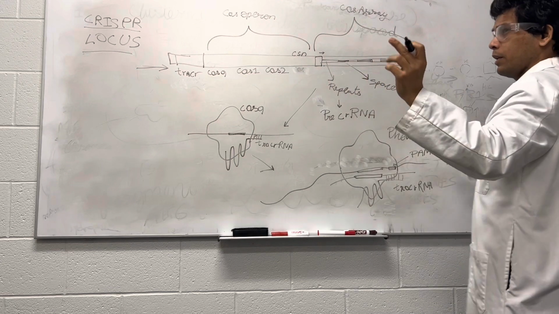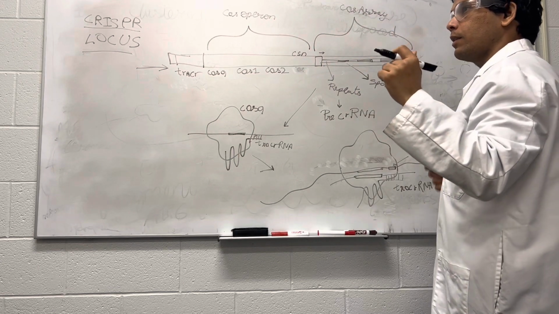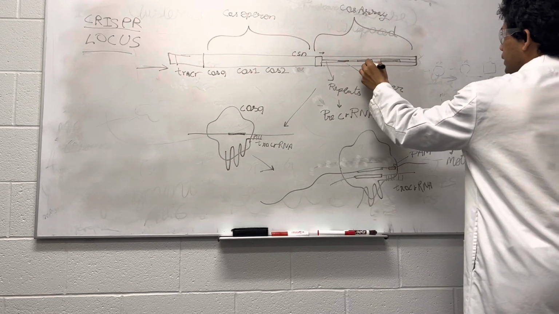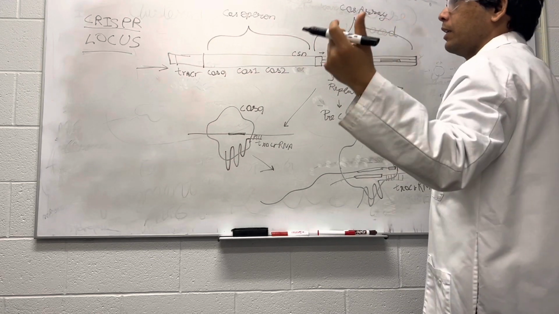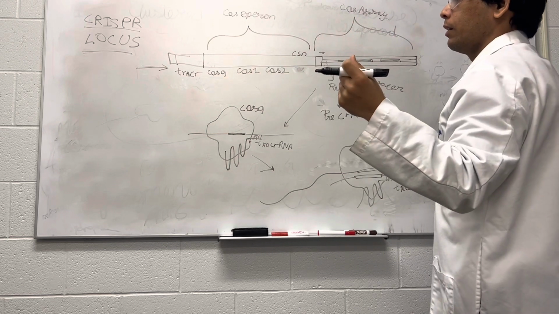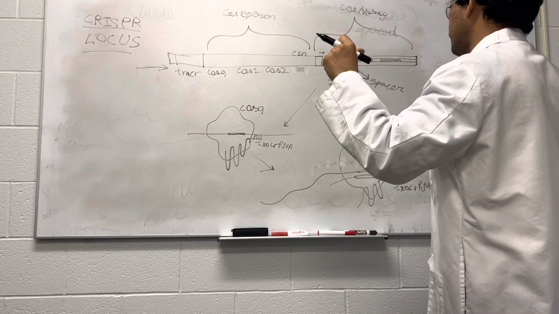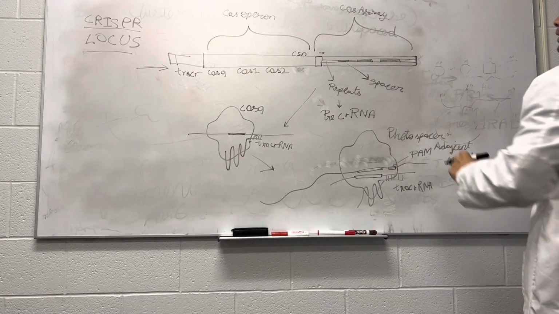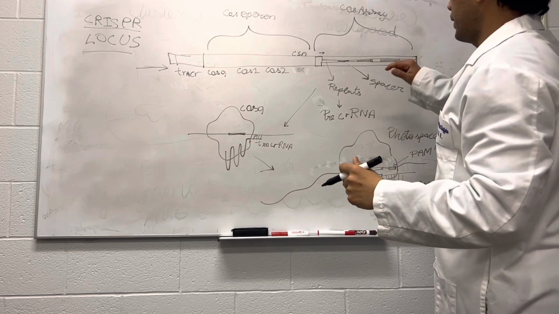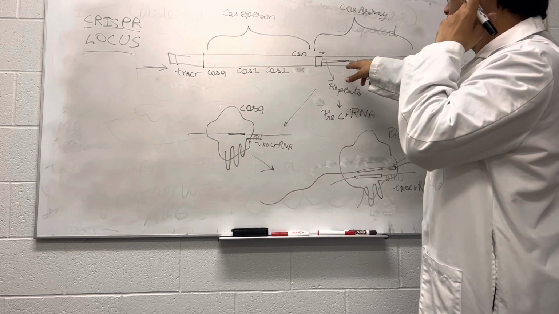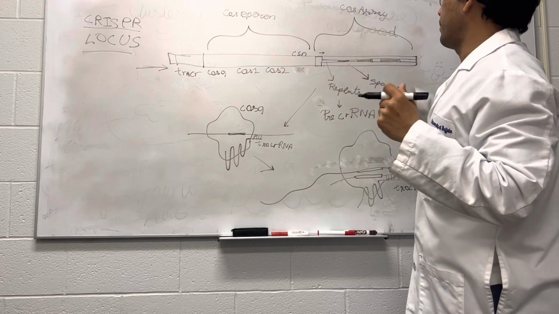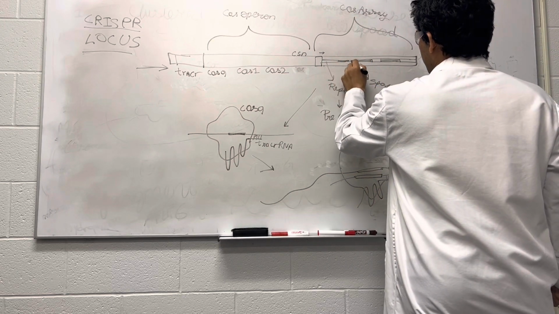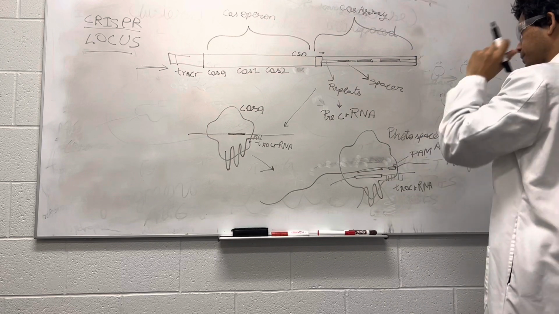The genetic information of the foreign DNA is stored as a spacer, and each spacer designates that the cell has been infected by a foreign DNA, and the spacers are separated by repeats.